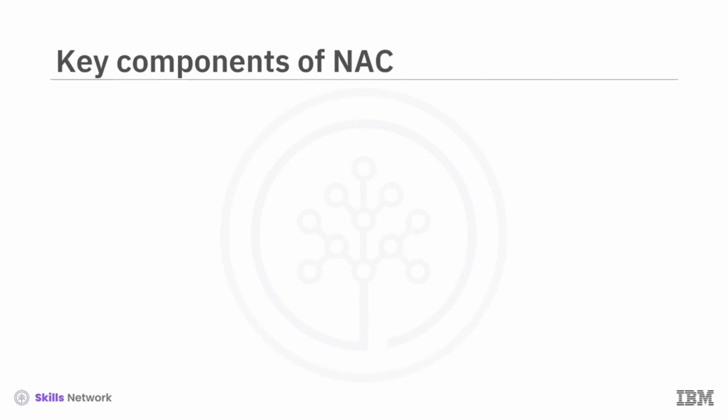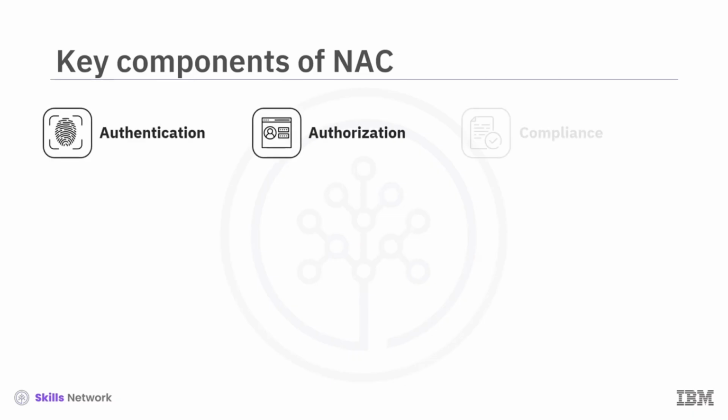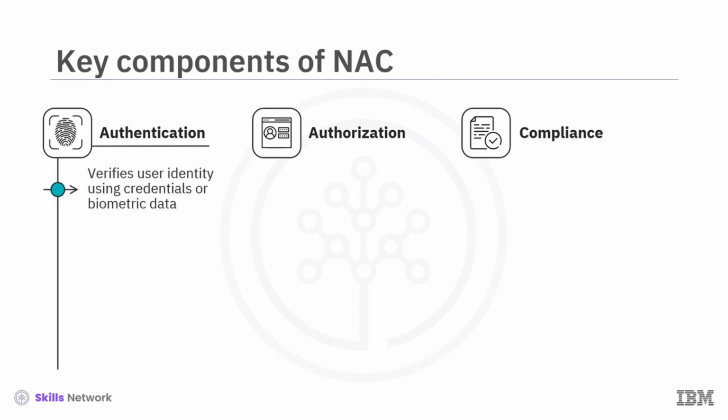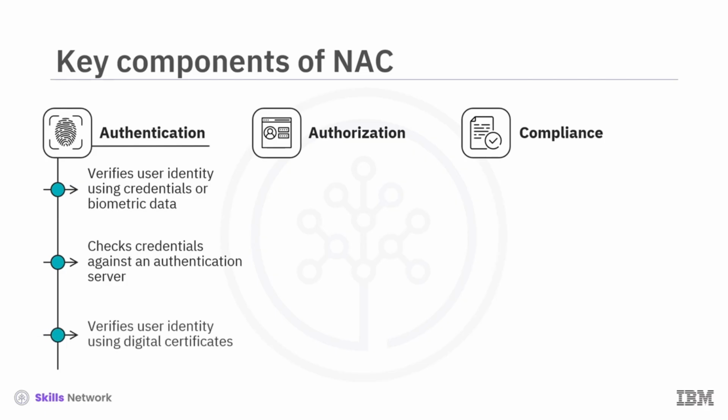Let's look at the key components of NAC. Within NAC, authentication, authorization, and compliance enforcement play a crucial role in managing access control. Authentication involves the use of credentials, usernames, passwords, and biometric data to verify the user's identity and grant access. Authentication works on credential verification against the authentication server and then uses digital certificates to verify the identity of users and devices.